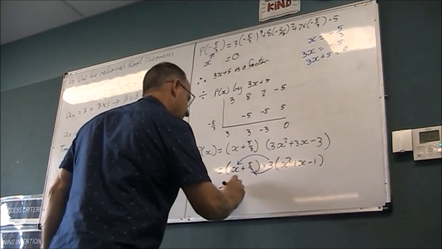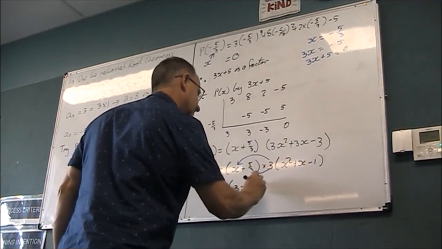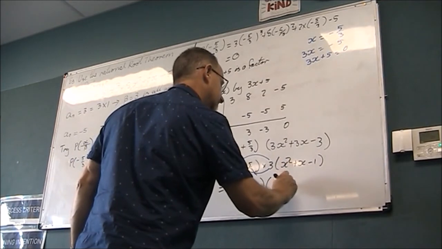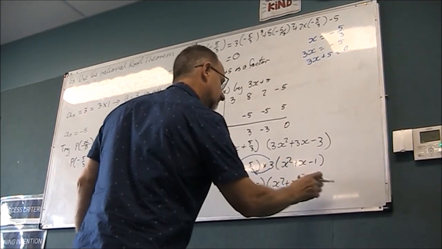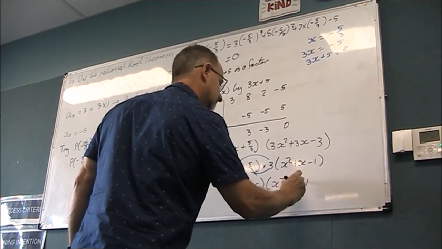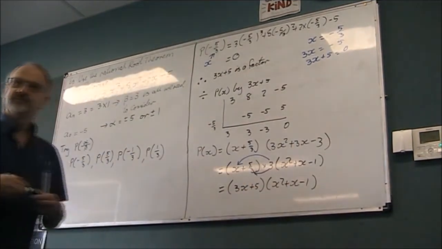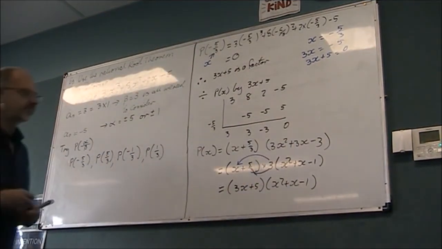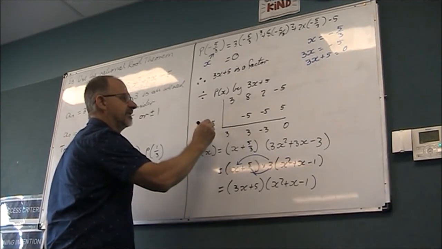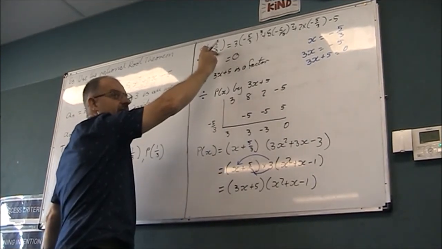Sorry, I've got ahead of myself before. Does this make any sense to you? It's logical. I don't really understand why you're using the 5 thirds up there, but I mean, that's what it is. Well, 5 thirds we use here because we're using the x value.